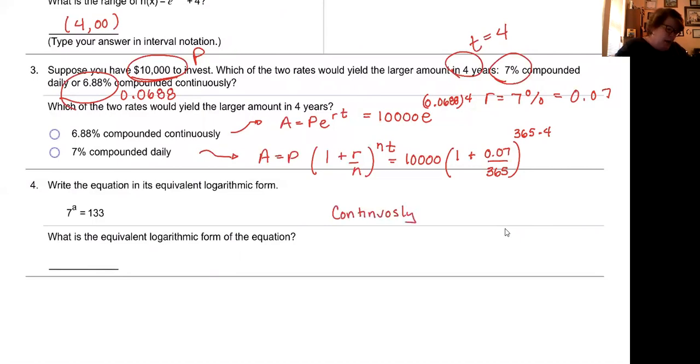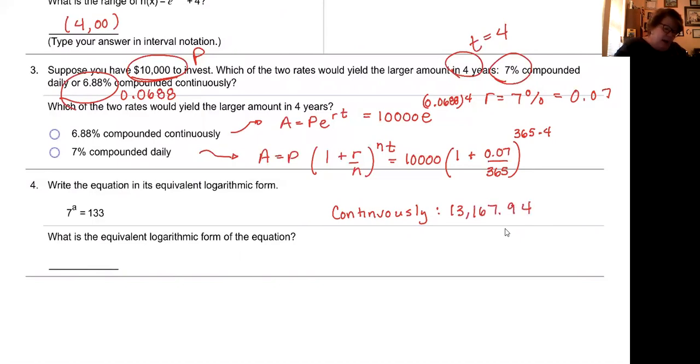So when I did my formula for continuously, which I honestly can't spell, when I took my calculator out and took 10,000 times e to the 0.0688 times 4, I get 13,167.94.